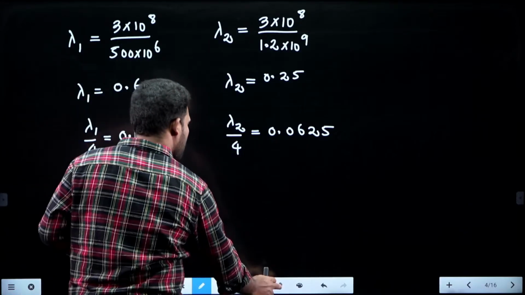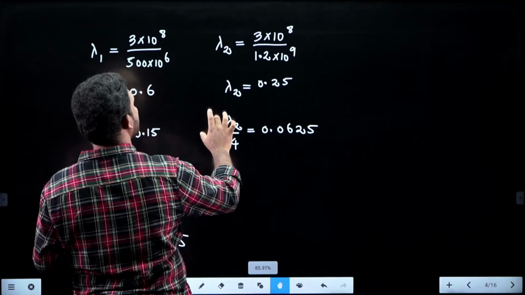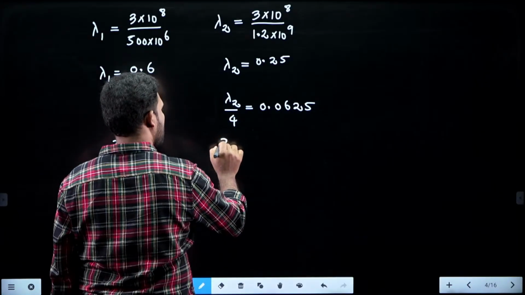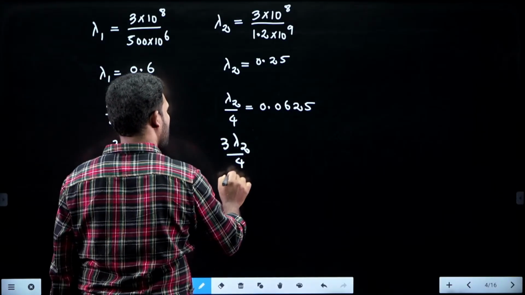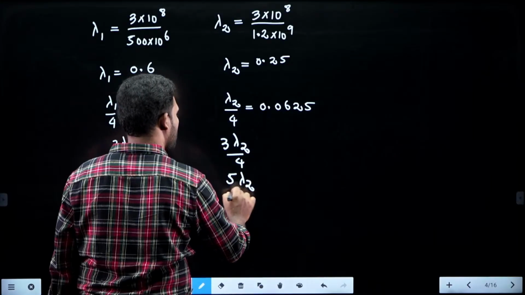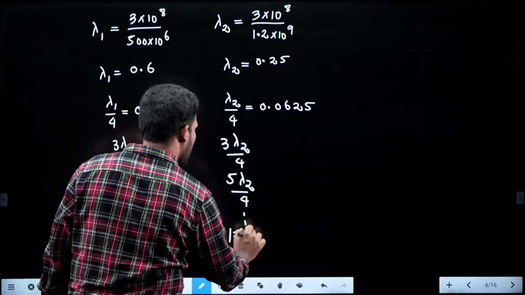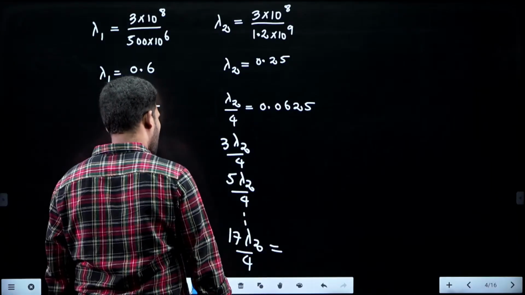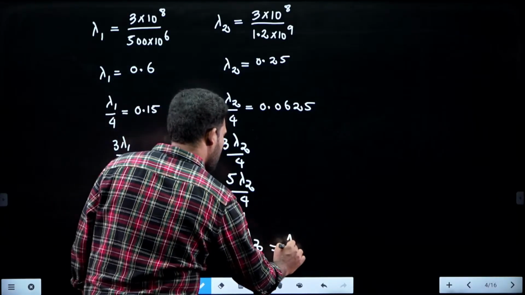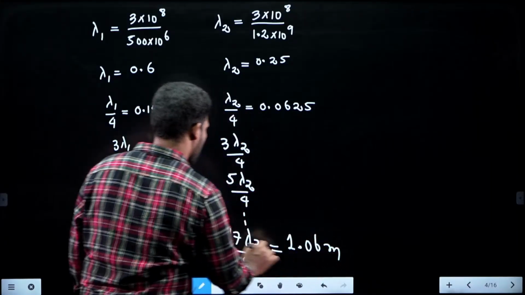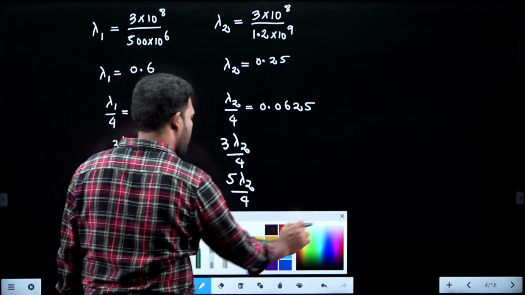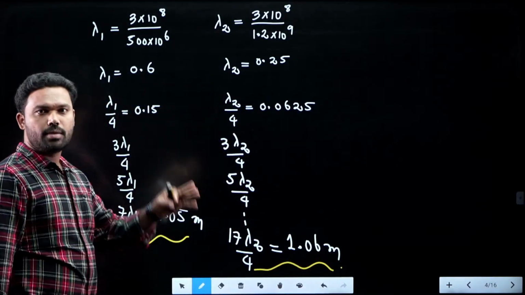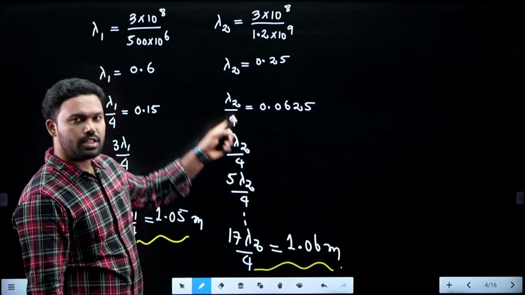And if you keep on multiplying this one also with the odd multiples, so this is 3 lambda 2 by 4 and 5 lambda 2 by 4, and so on up to 17 lambda 2 by 4, at that point this will be equal to around 1.06. So around 1 meter length of transmission line, if used, the matching will be done at the two frequencies. So these calculations you have to do.